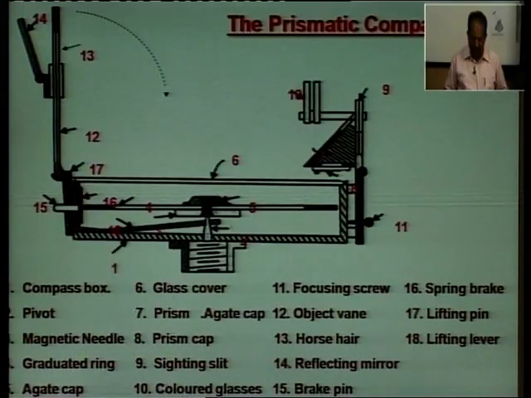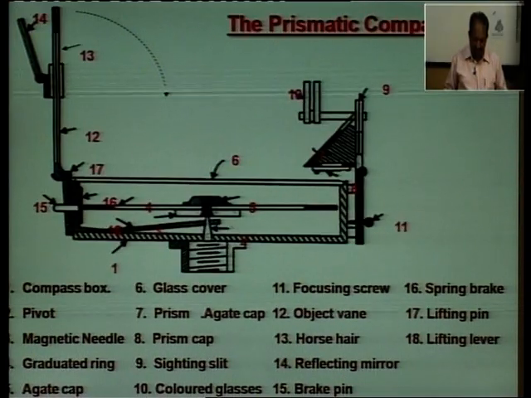It was invented by Captain Catter in 1814. That is the name of the person who invented this prismatic compass, Captain Catter, in the year 1814.